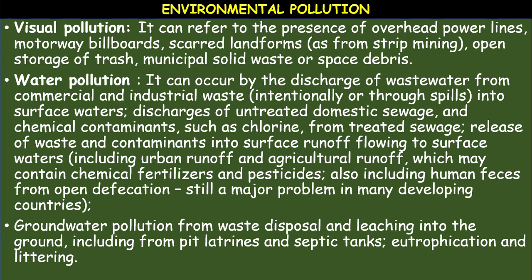Eutrophication means accumulation of nitrogen fertilizers from the agricultural fields. It enhances the growth of unwanted plants or weeds in the stagnant water, which reduces the oxygen levels.